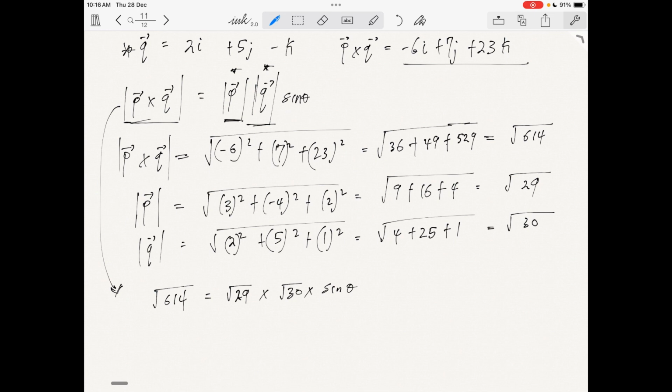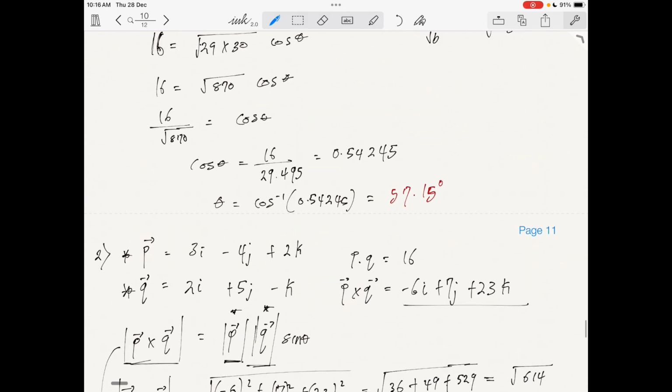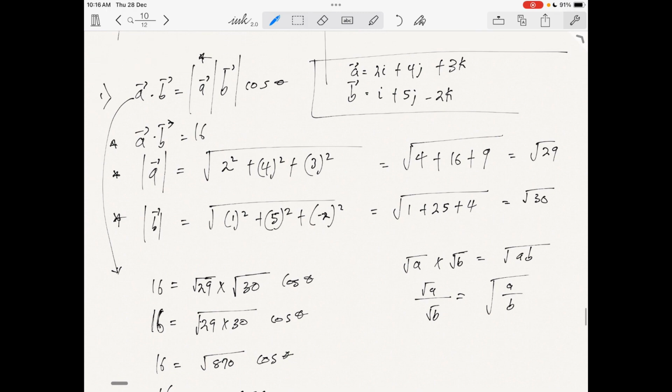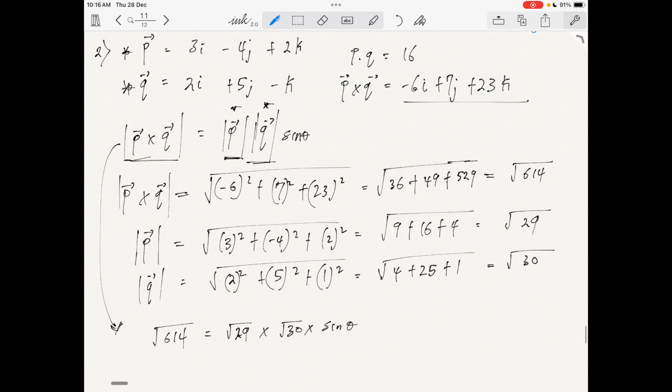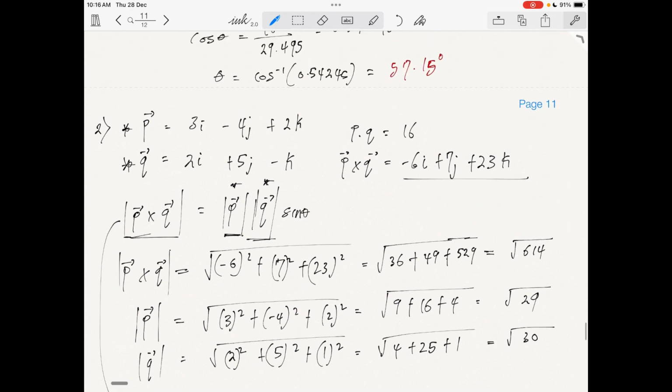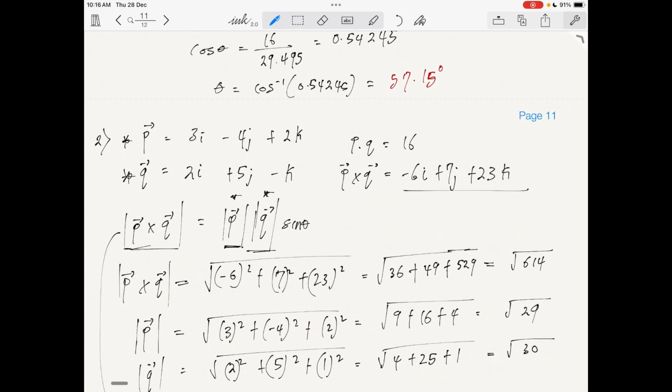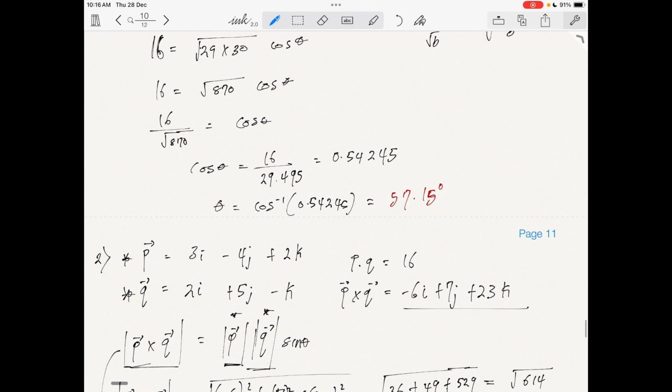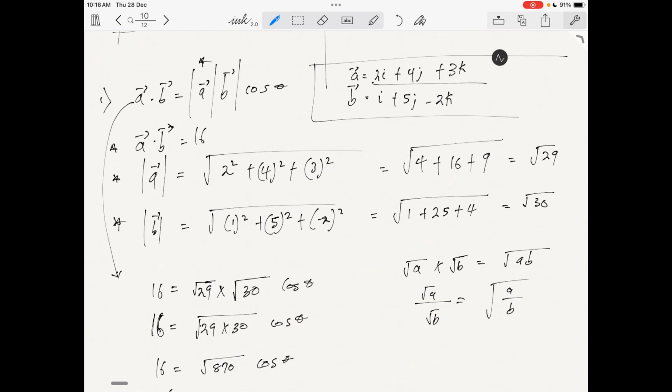We can see here that we have quite the same modulus that we had before in the previous example. We shouldn't jump to a conclusion that because they have the same modulus, they should definitely have the same angle, because the vector p is 2i minus 4j plus 2k, and the vector a is 2i plus 4j plus 3k.